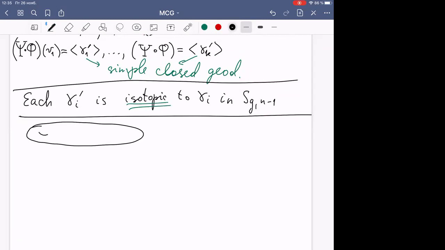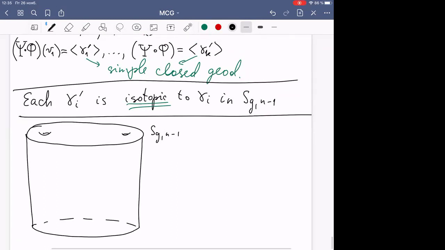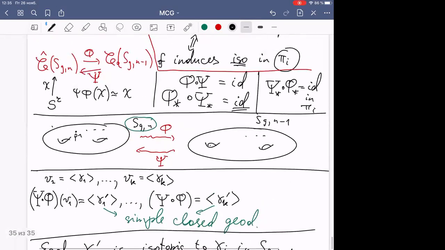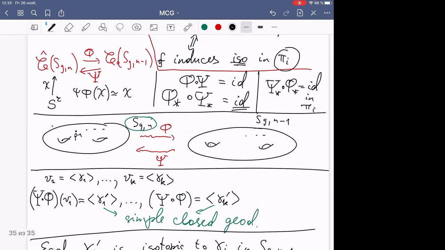So let us consider this surface SGN minus 1. It is convenient for me, I fix this puncture P1. So in this surface, I always have a pre-chosen point P1.